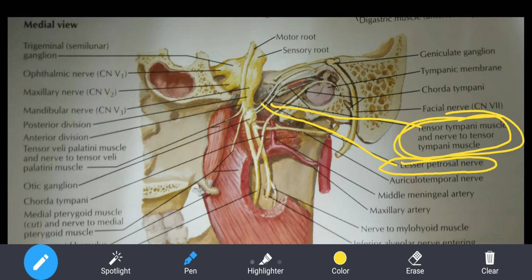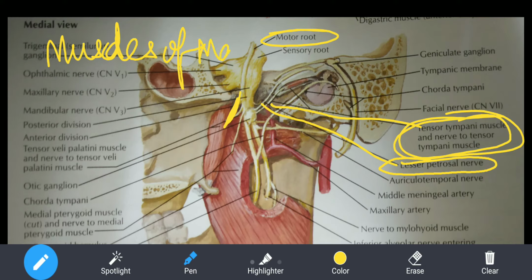See, now we will see about the mandibular nerve, right? We saw foramen spinosum, the nervus spinosus, the anterior division, we saw the posterior division. The anterior division, as I told you, is the motor root, right? And it is supplying what? All the muscles of mastication. Now we saw that there are four muscles of mastication. They are the main four muscles.